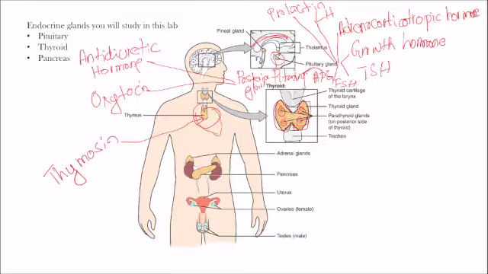Its main function is the development and maturation of T cells, T lymphocytes. Those are the main important cells in the immune system. The thymus is active in infancy and childhood and gradually decreases in size after puberty. This process of decrease in size we call involution.